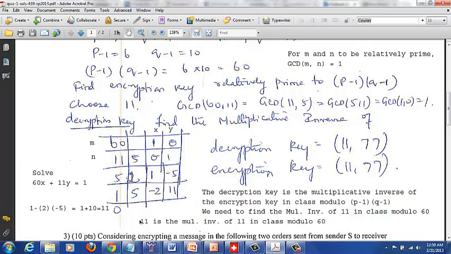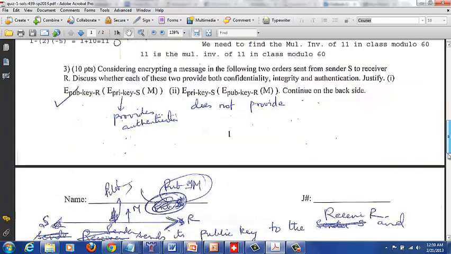You can verify it. 11 times 11 is 121. 121 mod 60 is going to be 1. We went over this in the video.